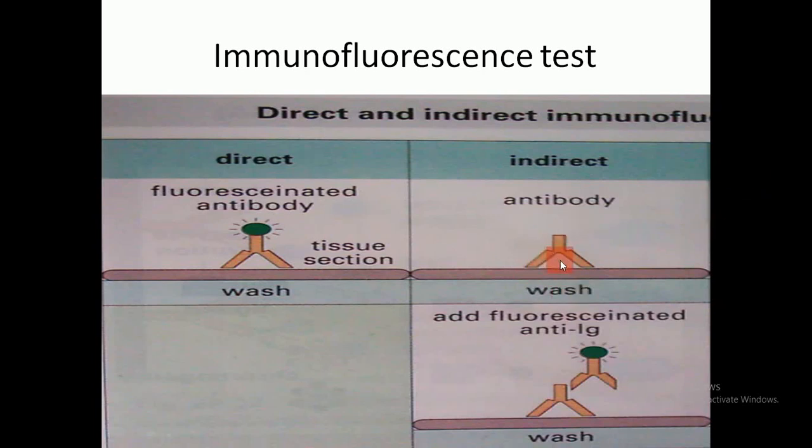Then we add the patient serum that contains the antibodies, and then we add the conjugate, which is the antibody labeled with the fluorescent material. This indirect method is used to detect autoimmune diseases, like anti-nuclear autoantibodies and anti-smooth muscle autoantibodies.